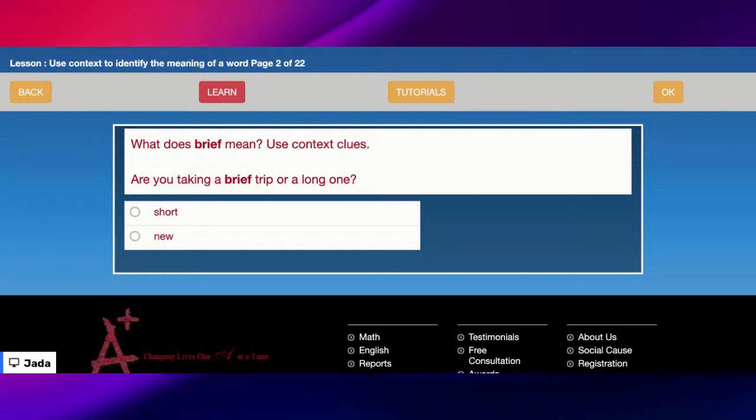So what is the best answer you have here? Short or new? What's the greatest answer here? Everybody send your answers on the chat. Tell me.